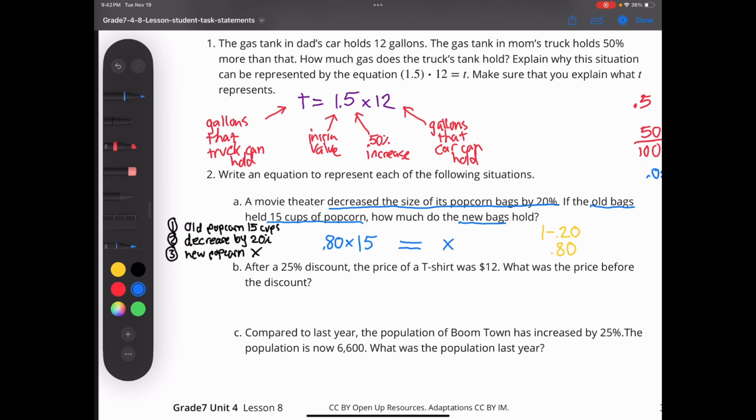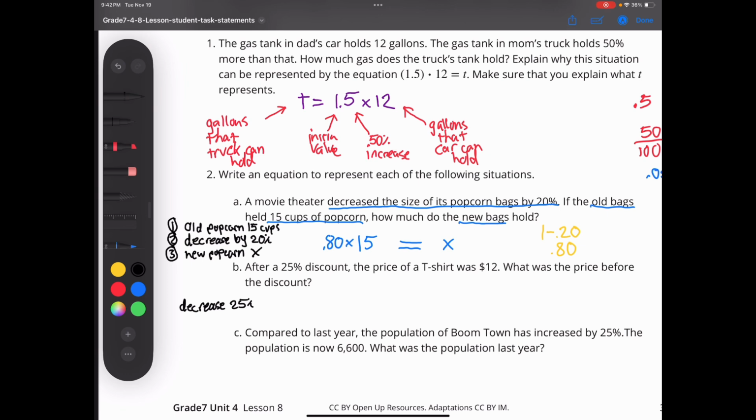B, after a 25% discount, the price of a t-shirt was $12. What was the price before the discount? So let's write it in chronological order again, the story, I mean. And first we'll start with the 25% discount. So that's a decrease by 25%. And the original price was, we don't know.